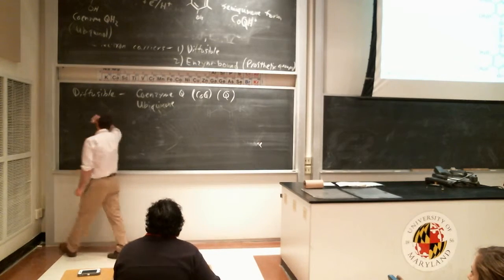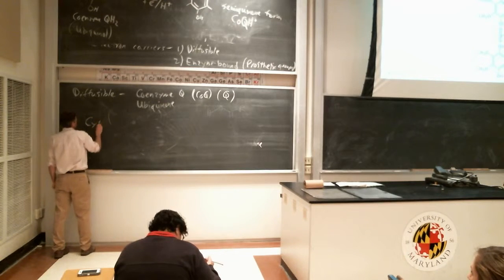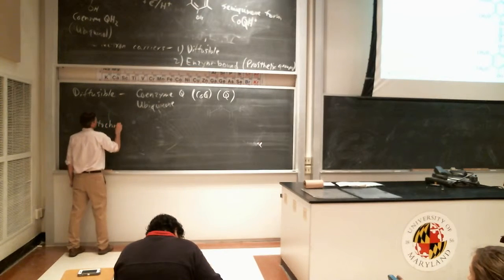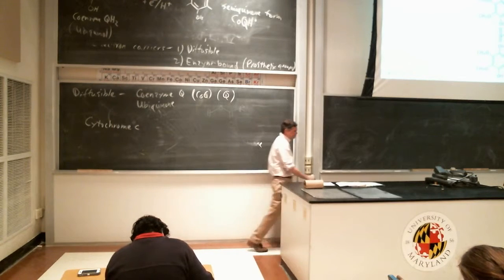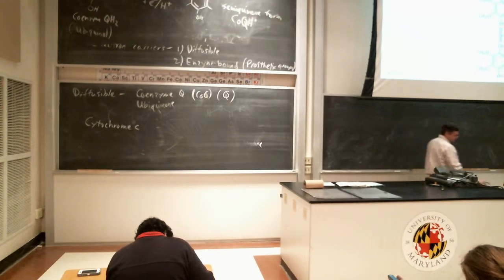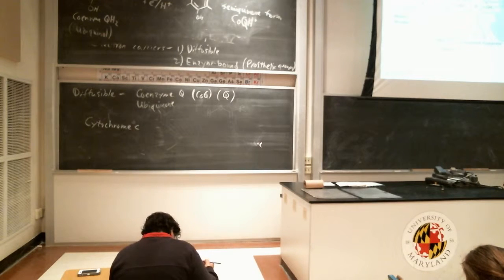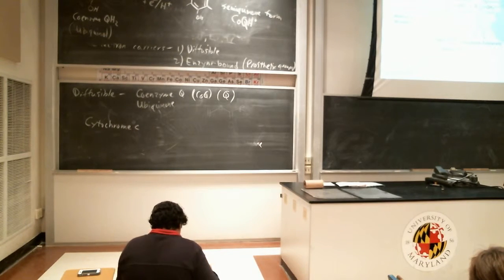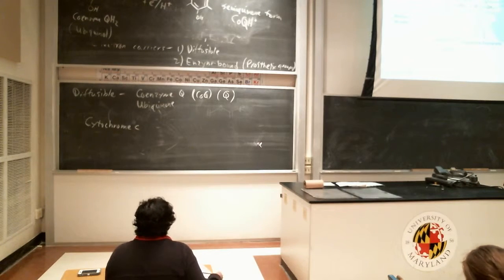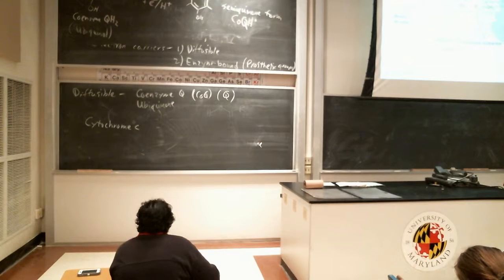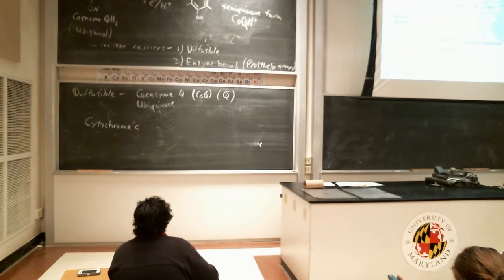The second diffusible electron carrier is a protein called cytochrome C. So cytochrome C is a small protein. In this figure, here it is up here. It's on the P side of the membrane, and this dashed line indicates this protein that can diffuse around in the aqueous environment of the intermembrane space. So this is a small protein.